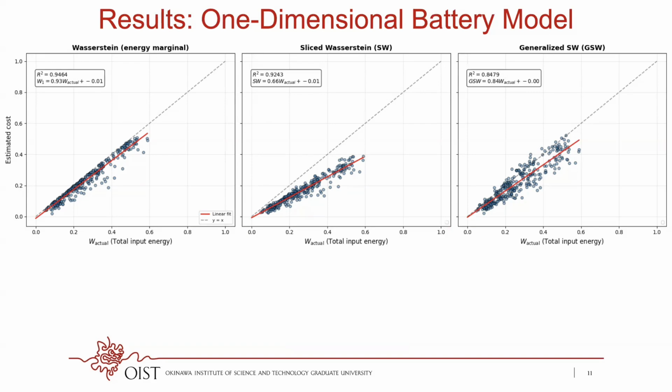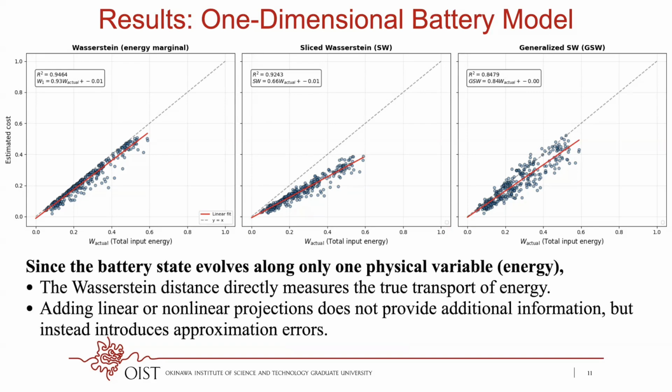And also, if you think intuitively, for a one-dimensional problem the Wasserstein distance works so nicely, right? That's why, as you can see, the plot of the Wasserstein distance is the best one.